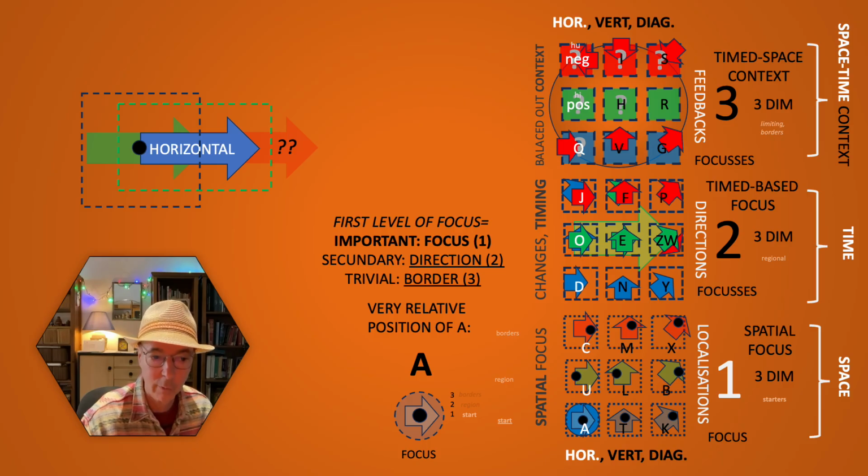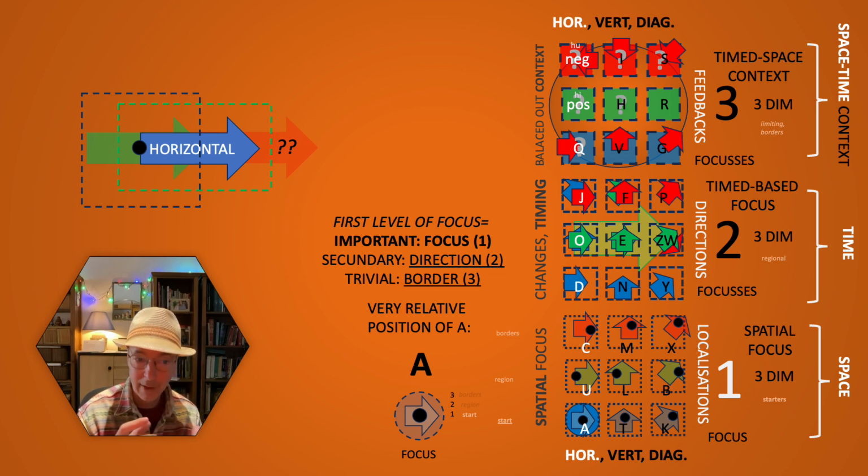In the A we already have that relative position. So every letter has actually always 3 sorts of aspects, just like the 3 categories. The aspect of focus, which is the point in the middle. So that's my point. Where do you use it? Of course, in the first category. That's the most important thing. It's our focus. It's in the middle.